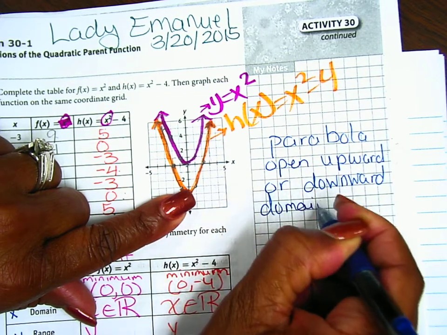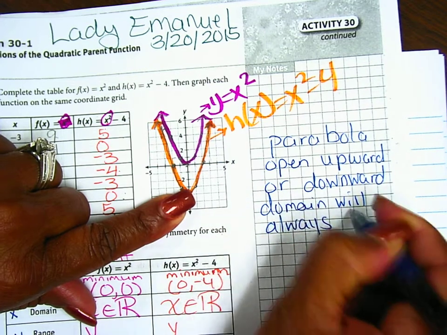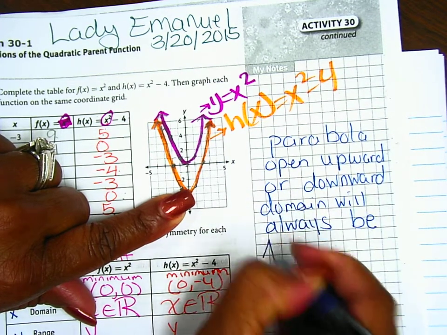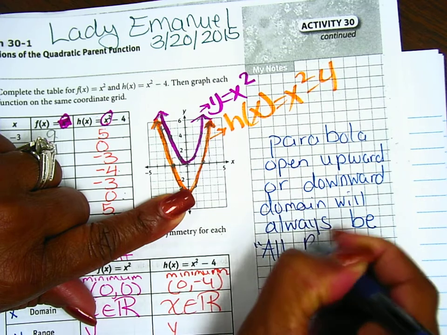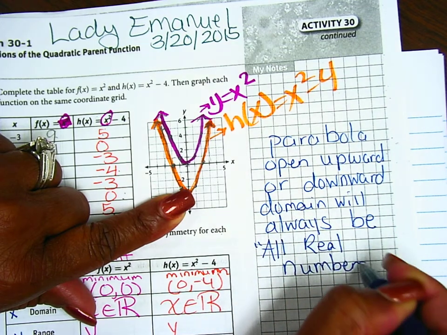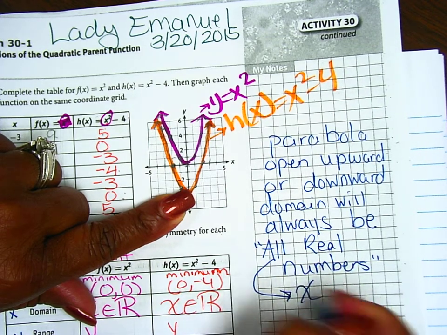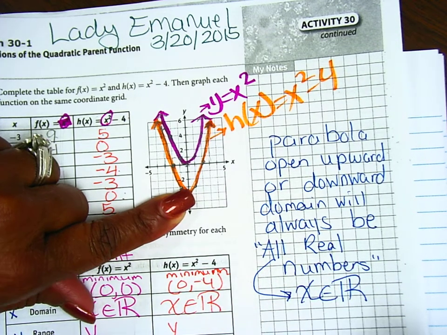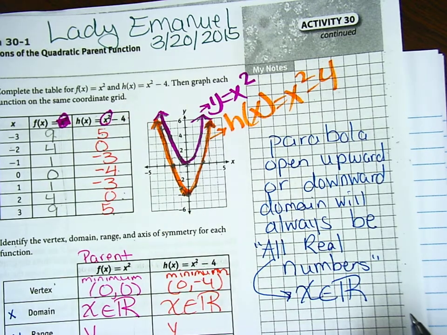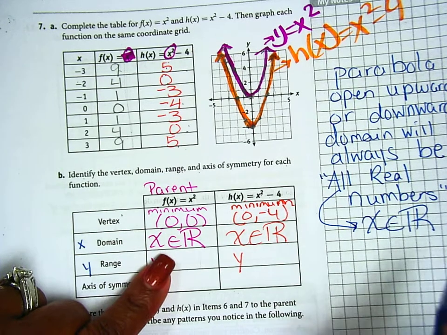Domain will always be all real numbers. Later we'll write it as x is an element of all real numbers. Just know it's all real numbers. And that was for the domain. I wanted to do that.